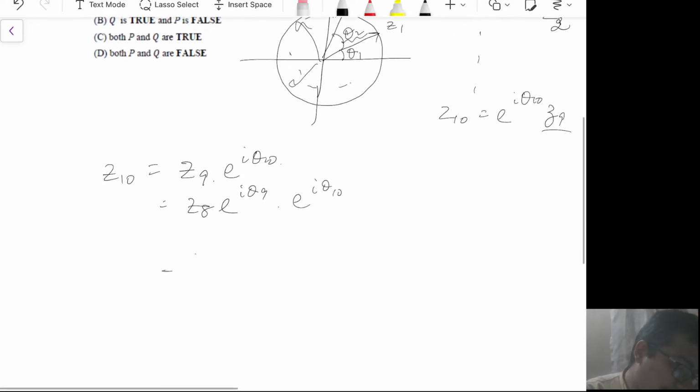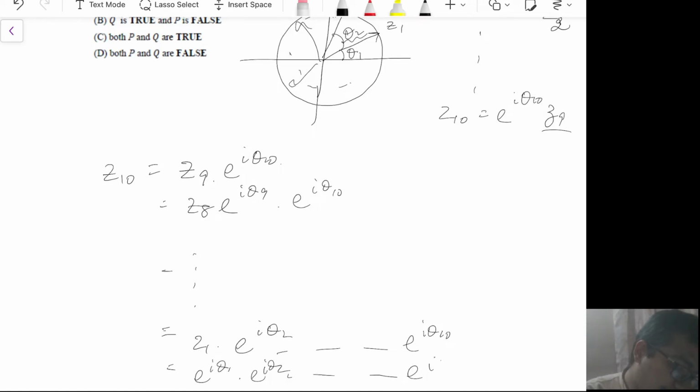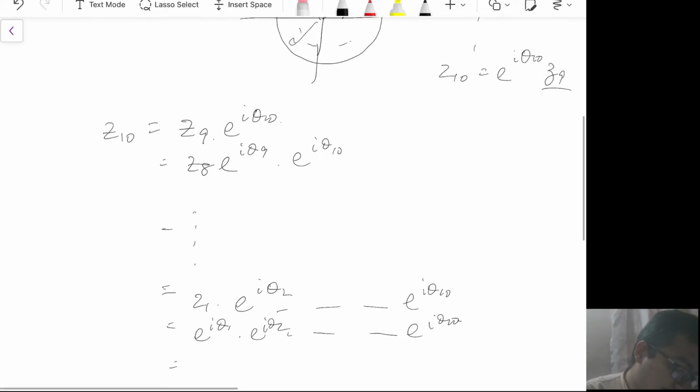And so on. If I continue, I'll see that z10 is going to be z1 times e to the power theta 2 up to e to the power theta 10, which equals e to the power theta 1 times e to the power theta 2 up to e to the power theta 10, which is nothing but e to the power i times the sum over j of theta j, and we are given that this also equals 2 pi, right?